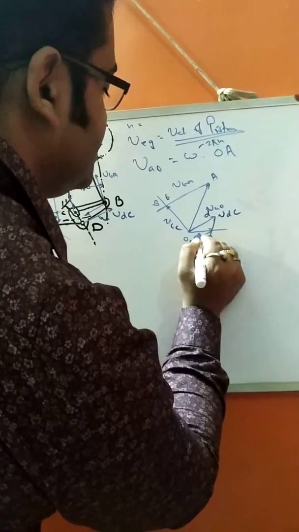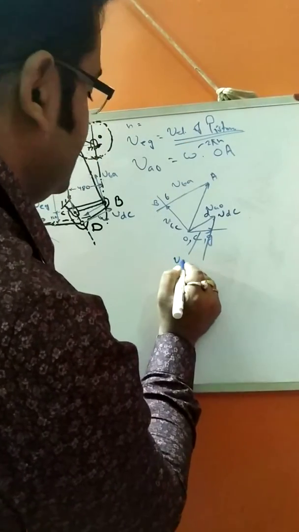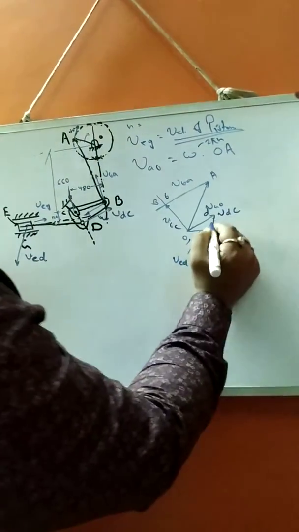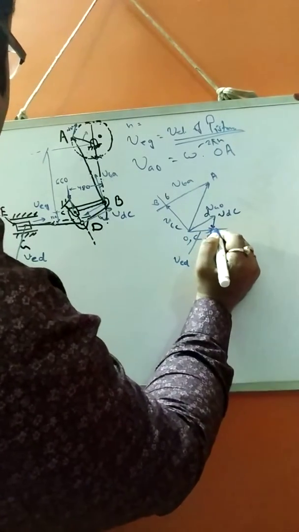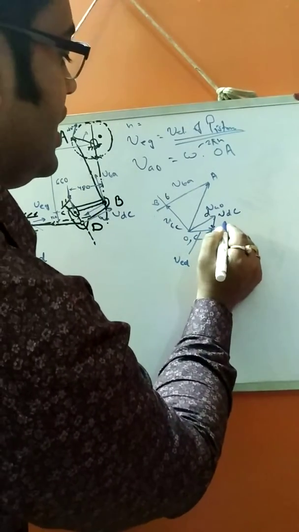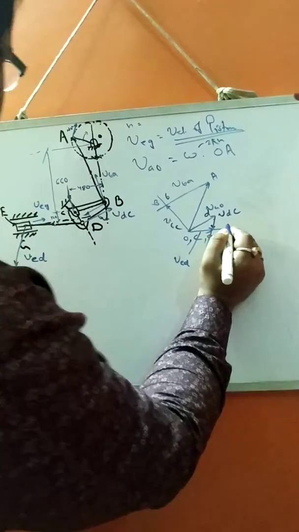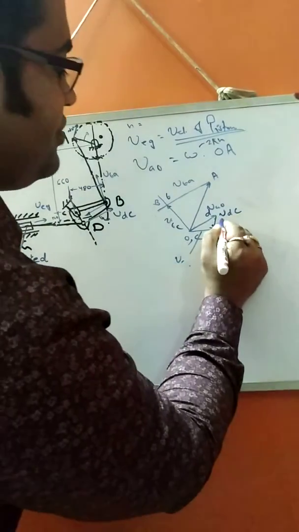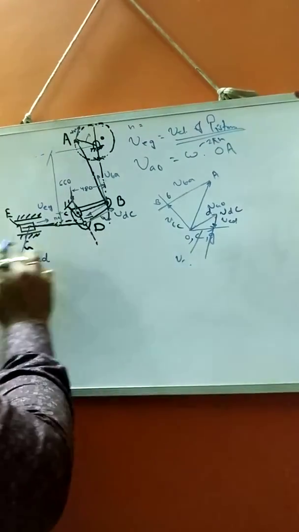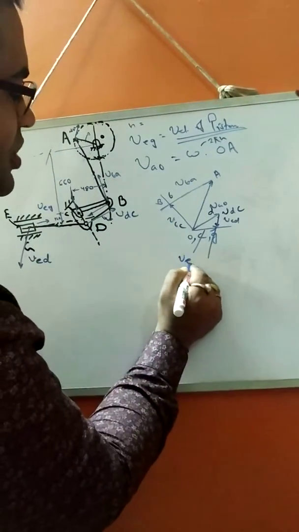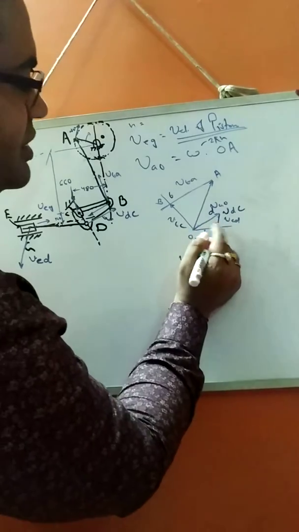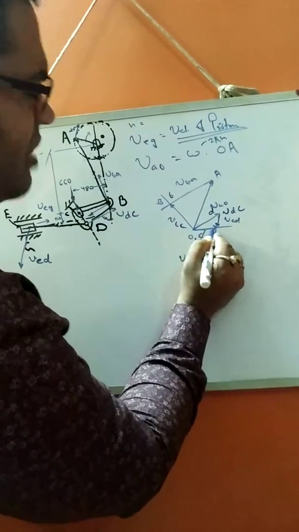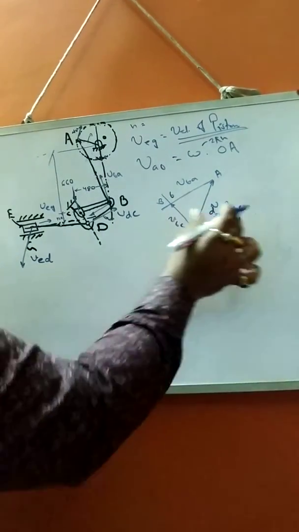This is the velocity of E with respect to D, and this is the velocity of E with respect to G. This component is the linear velocity of the piston.